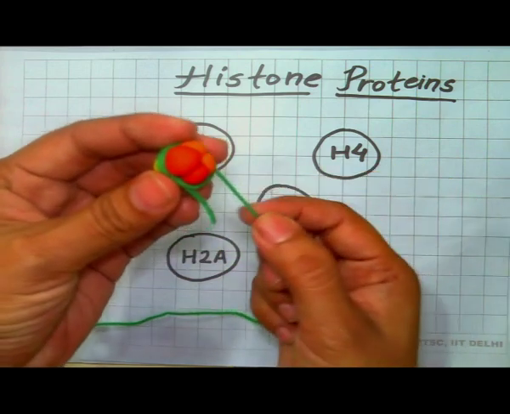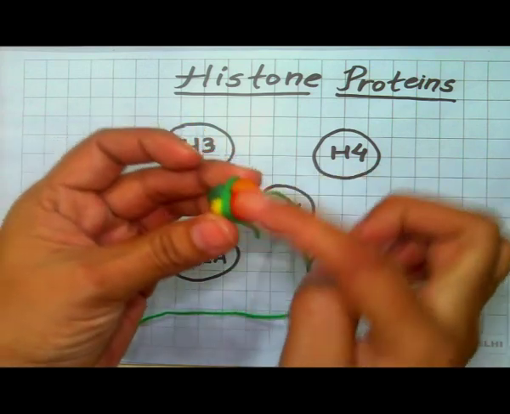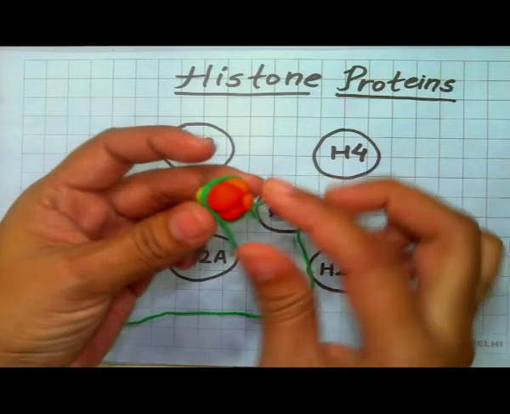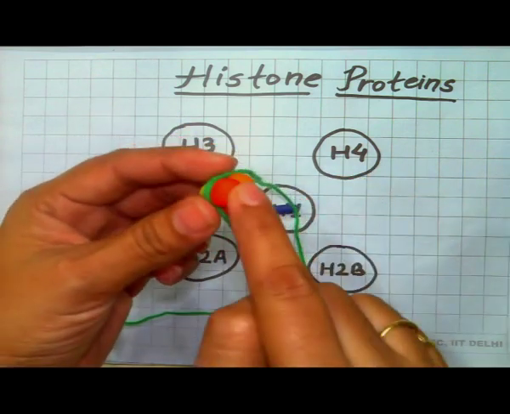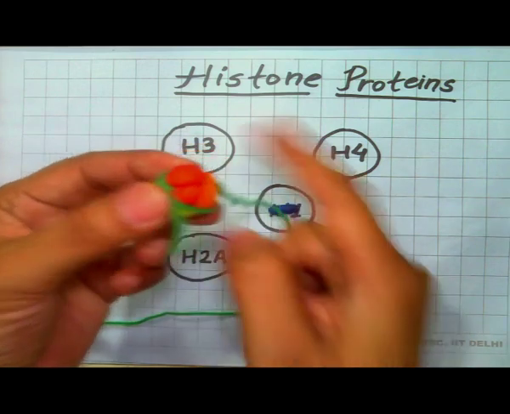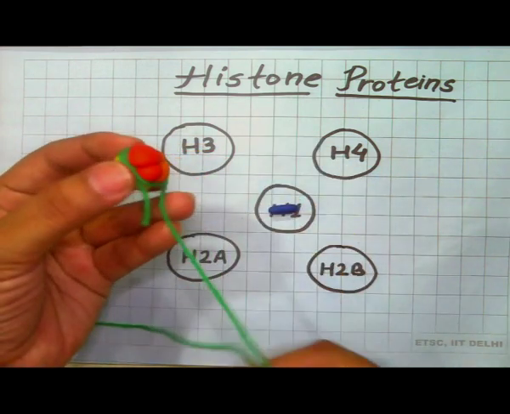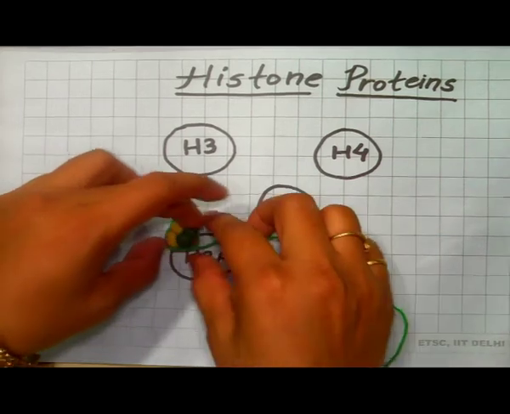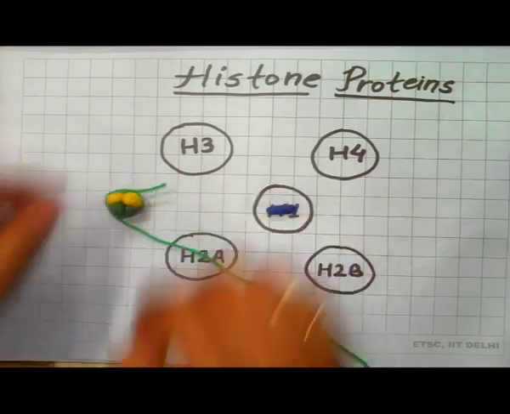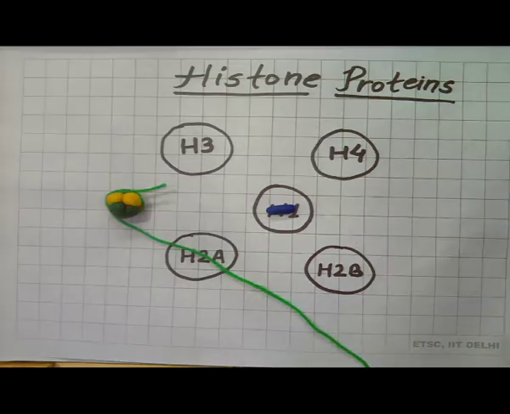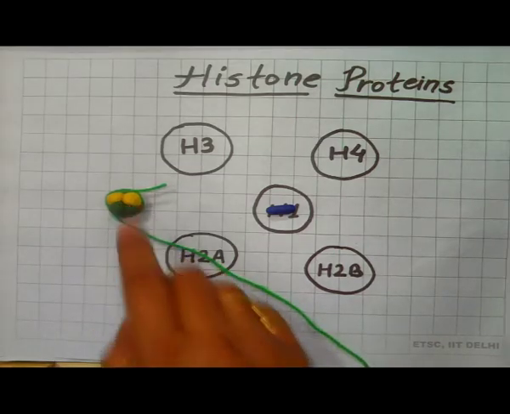So, the DNA gets wrapped over the histone octamer, and this complete structure which includes the histone octamer and this DNA is called a nucleosome.